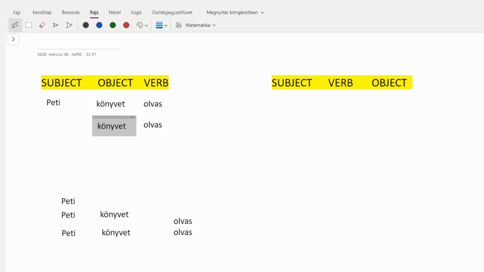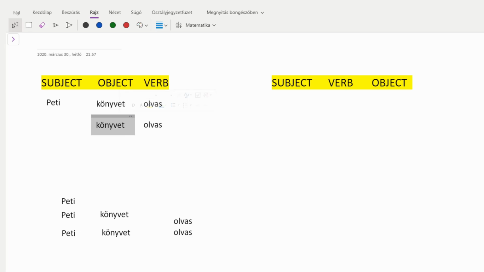Könyvet olvas. So in this simple statement, this is the most important message of the sentence, that könyvet olvas. Basically the predicate and the object of the verb.